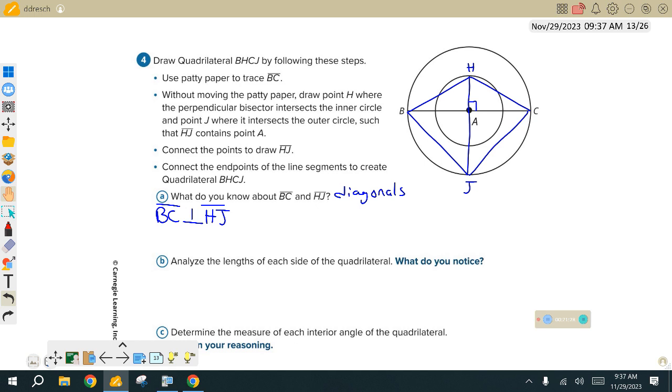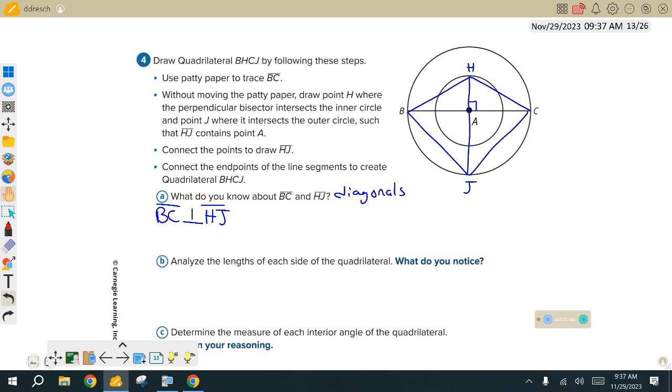Do they appear to be congruent? No, they're not congruent. If they were congruent, we'd end up back at a rhombus. So we're not congruent there.